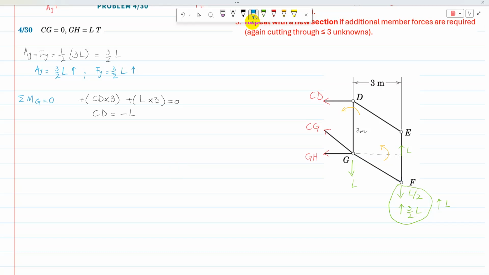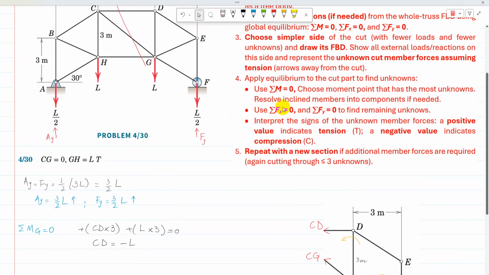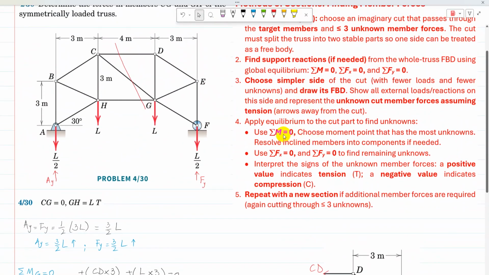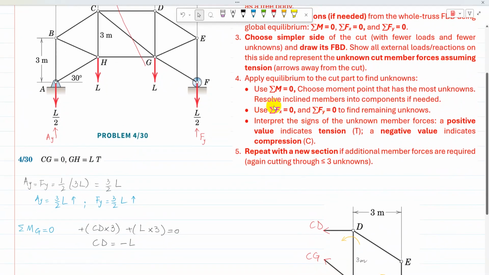And then I can apply sigma Fx equal to 0 and sigma Fy equal to 0 to find the remaining unknowns. I have mentioned here: resolve inclined member into components if needed.